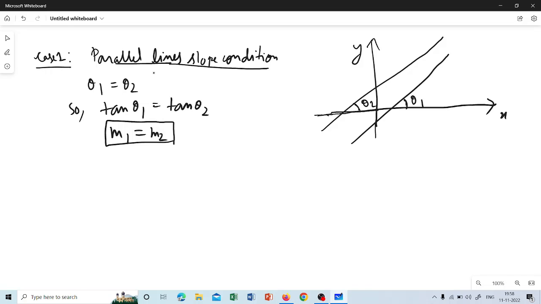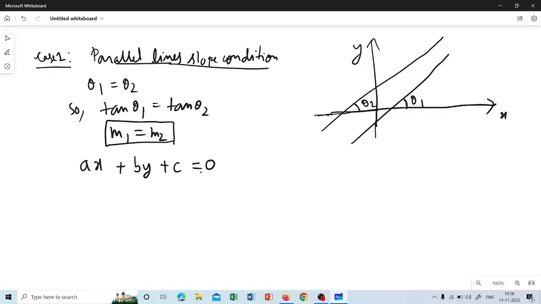Similarly, you know how a straight line is represented, right? For example, consider a linear equation ax plus by plus c is equal to 0, which represents a straight line. But there are two variables in it. Why am I taking two variables?